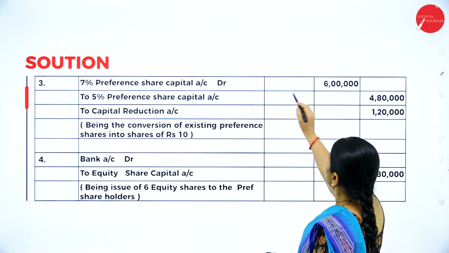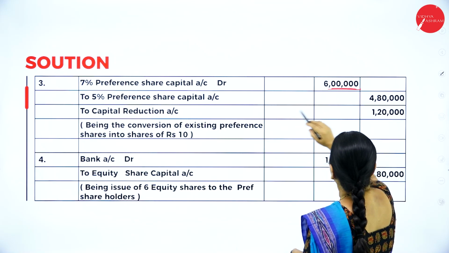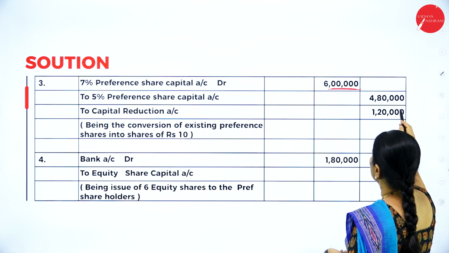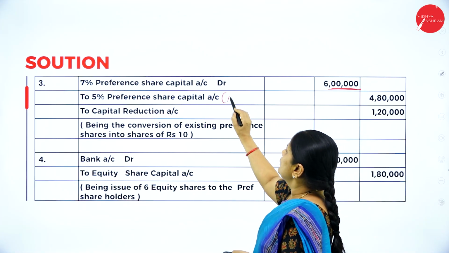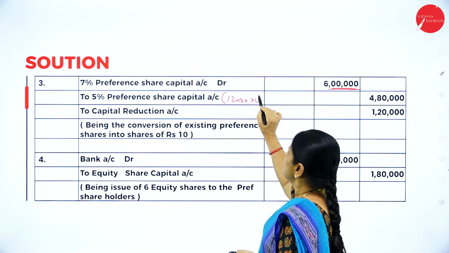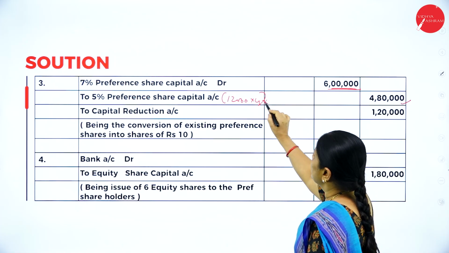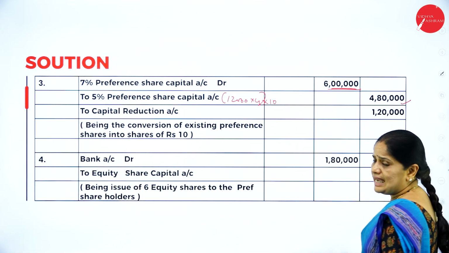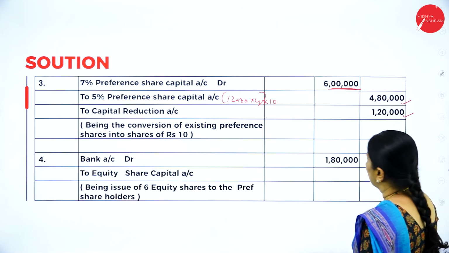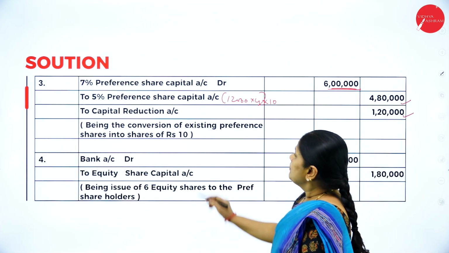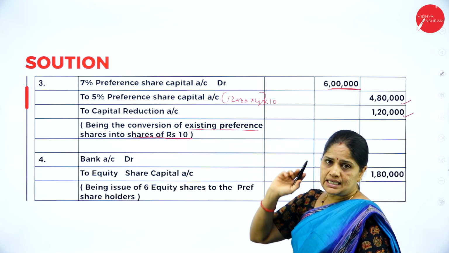The 7% preference shares, the entire share capital I am debiting here. Now they are being issued 4 new preference shares of rupees 10 each. So it will be 12,000 into 4, that comes up to 48,000 into 10, that is 4,80,000. So the difference amount goes to capital reduction account, 1,20,000, being conversion of existing preference shares into shares of rupees 10 each.